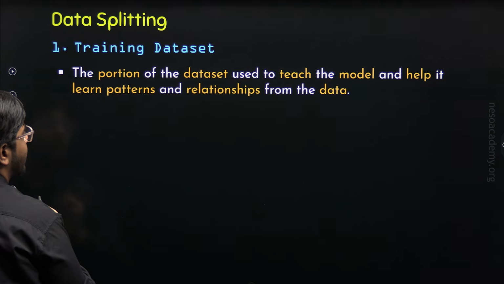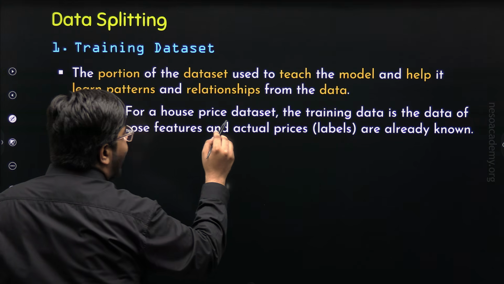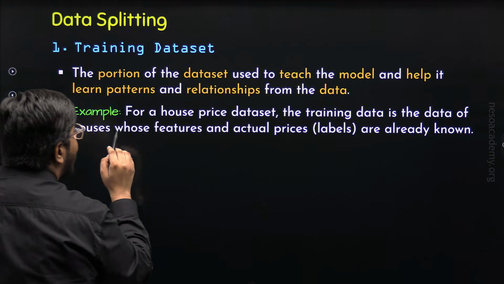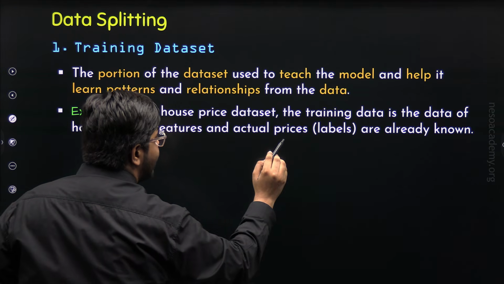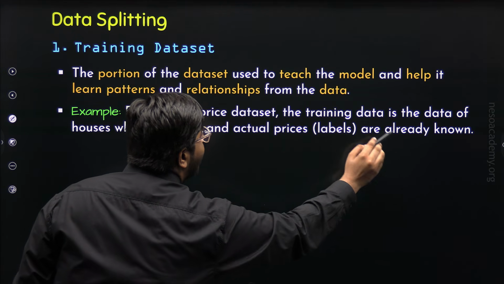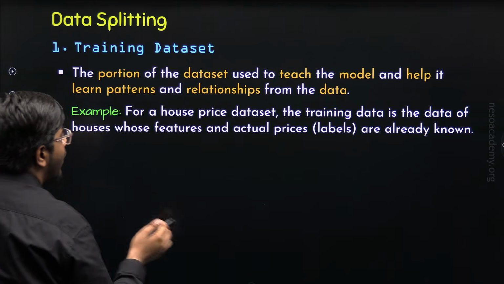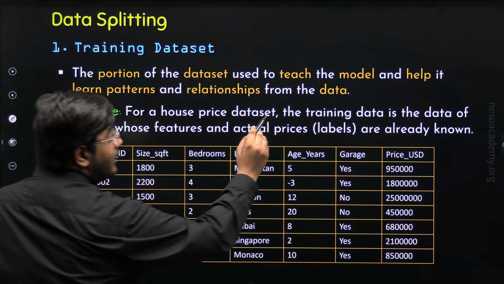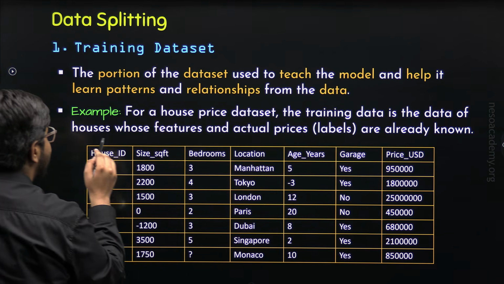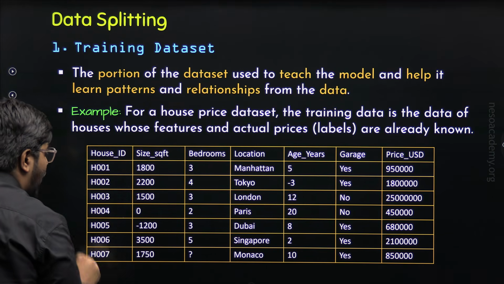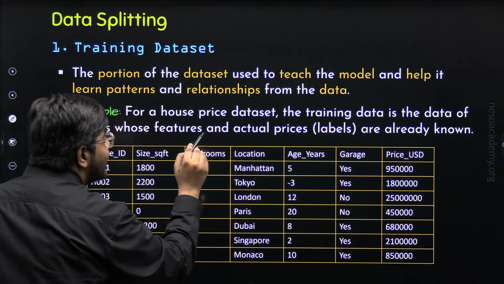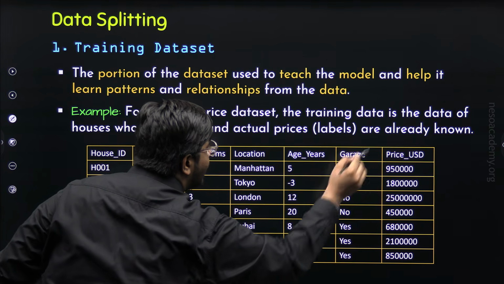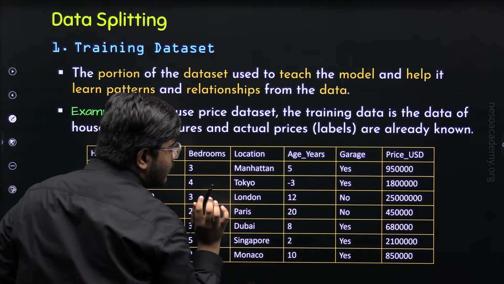Now let's take an example. For a house price dataset, the training data is the data of houses whose features and actual prices, that are labels, are already known. So, for a house price dataset, what is the training data? The training data is the data of houses whose features and actual prices are already known.